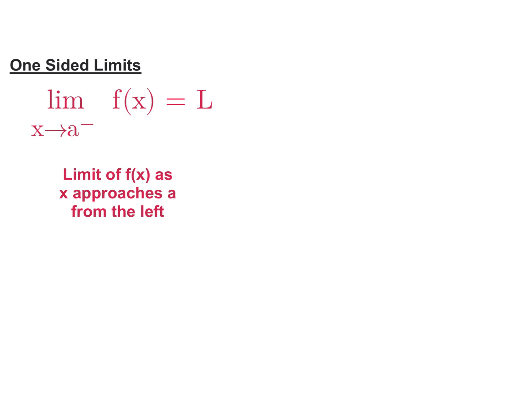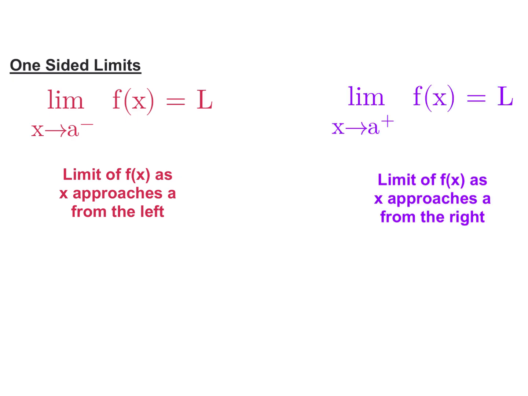What this means is the limit of f of x as x approaches a from the left. Now, we also can approach from the right. And when we approach from the right, the notation changes a little bit. It's all the same, except instead of from the negative side, we approach from the positive side, which is the right. Okay?